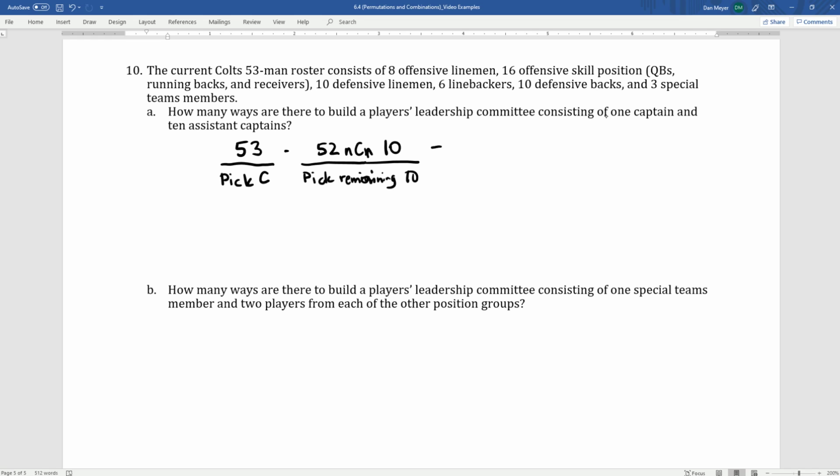All right, and that works out to be, holy smokes, 838,461,283,660. So a lot of ways to pick a leadership committee.